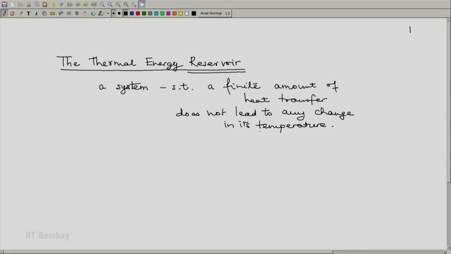Now, since we are talking about its temperature, each reservoir will be characterized by a temperature.